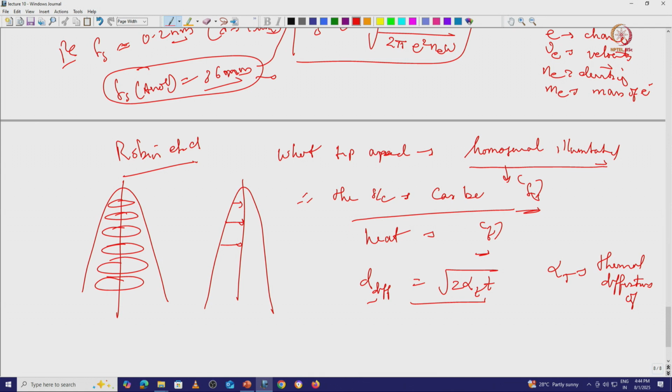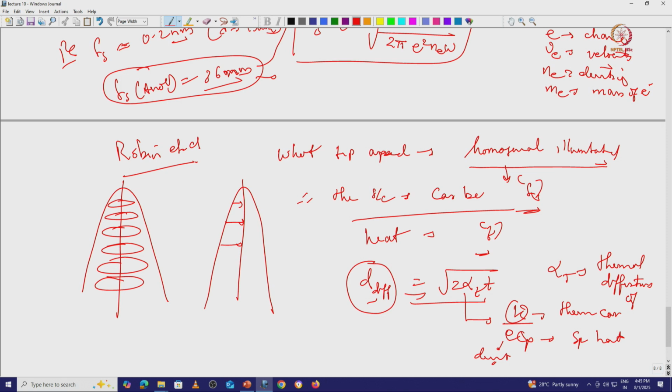Okay, and this alpha t can be given as K over rho Cp. K is the thermal conductivity, Cp is the specific heat of the material, and rho is the density. So the heat diffusivity D can be given as the distance from the layer towards the core of the tip over a time t, as root over 2 lambda t.